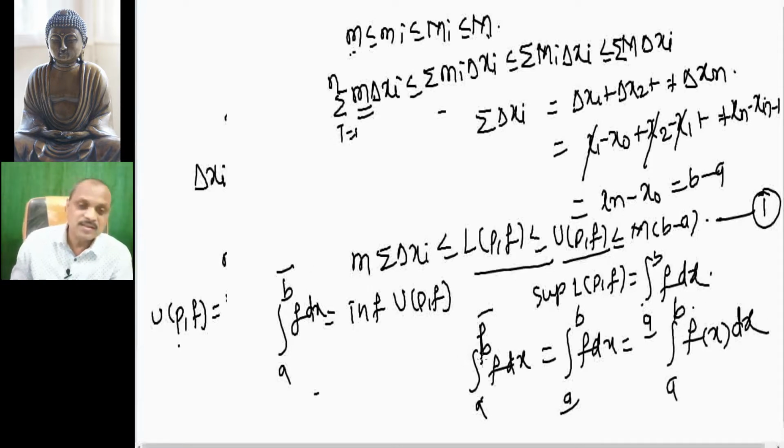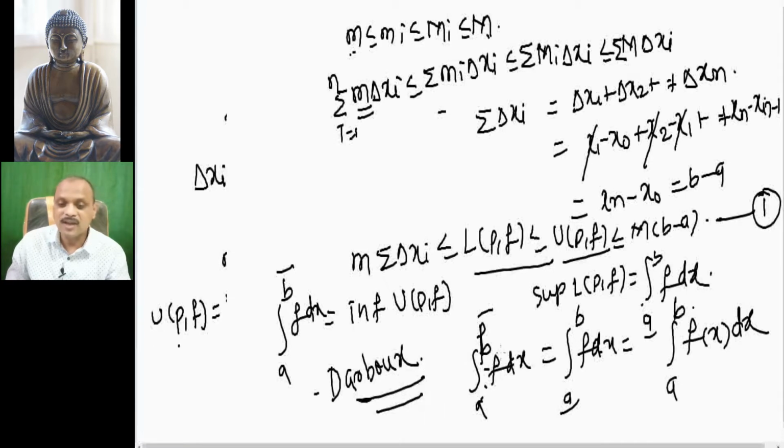And this condition, upper integral equal to lower integral, is called the Darboux condition. And we have a definition of the integrable function. When we say a function is integrable? When the upper integral equals the lower integral, then the function is called an integrable function.